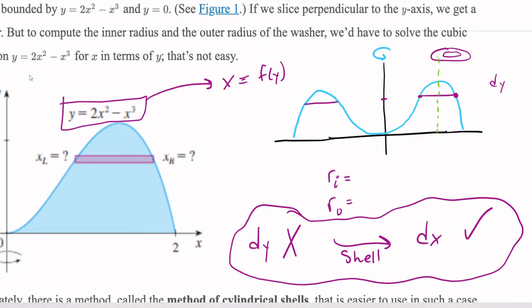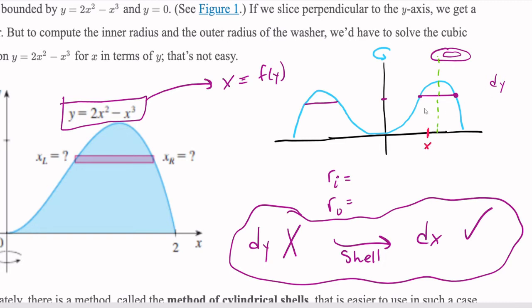Well, how this looks is I say, all right, well, let me get a good color. Let's do this brighter color. So how do I apply a shell here? Well, instead of picking a Y and trying to draw in a disc or a washer, I am now going to pick an X value here. I'm picking an X now, which is the whole point.